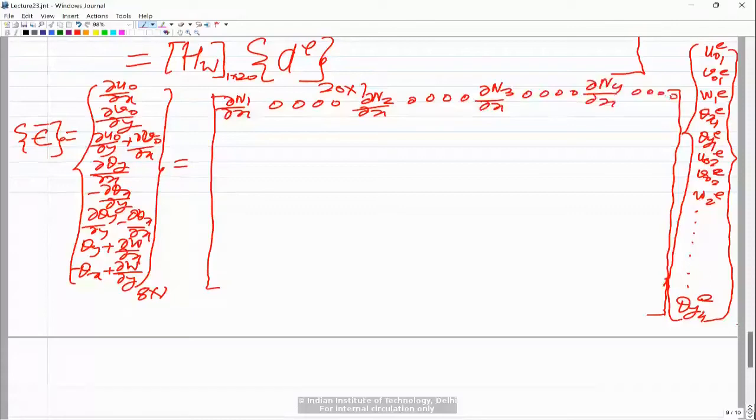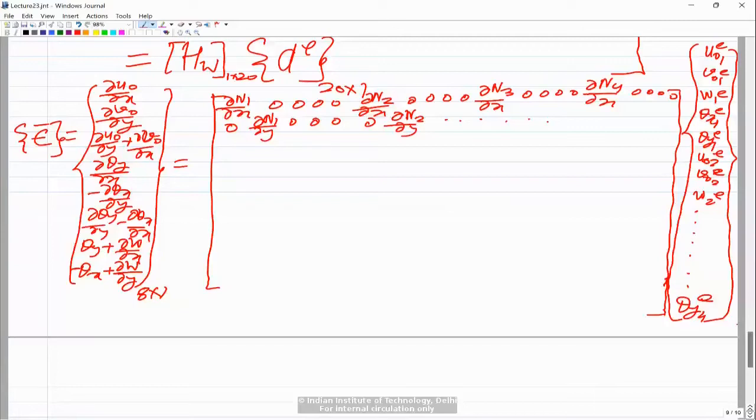Similarly, del v naught by del y would involve v naught values at the nodes. So we will have 0, and then del n1 by del y, 0 0 0 0, del n2 by del y, and so on. You can complete this matrix. And then del u naught by del y plus del v naught by del x.